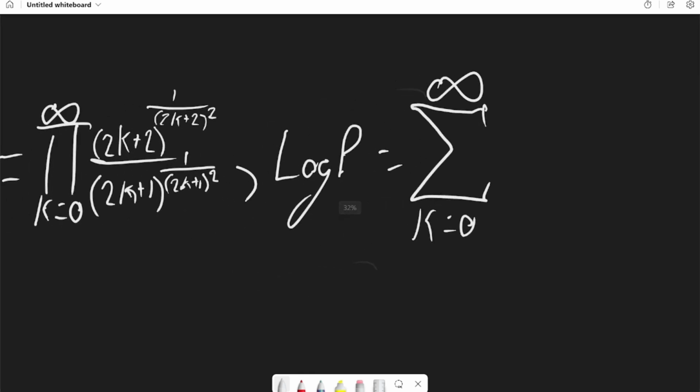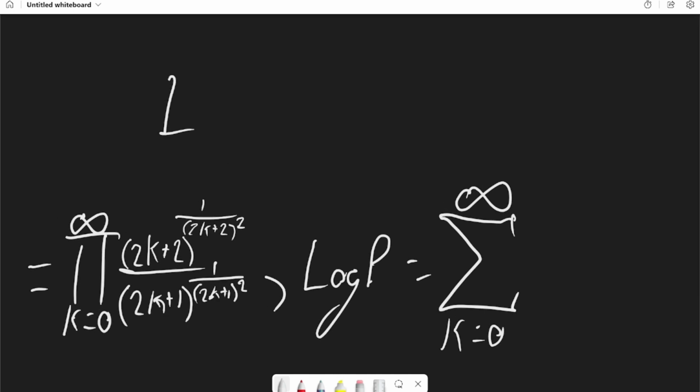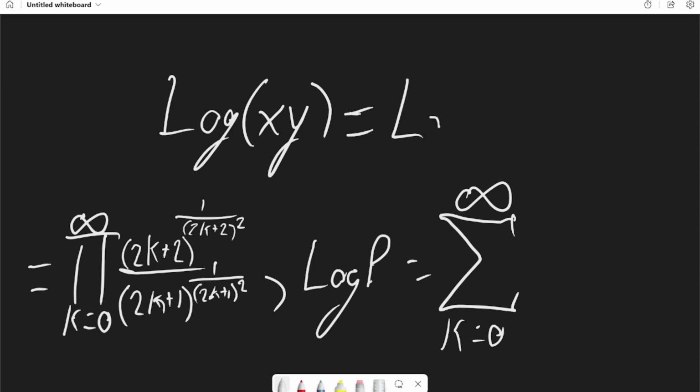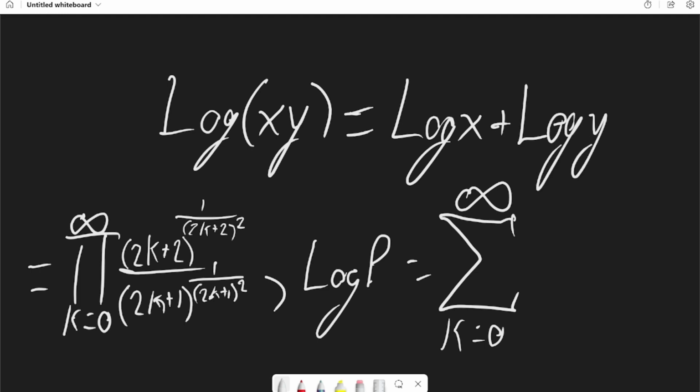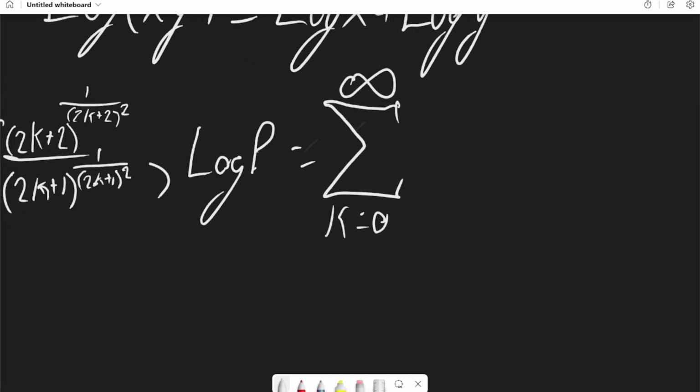As you know, the log of any product equals the sum of the log of each individual value that is being multiplied. That makes sense. Just simple product rule.